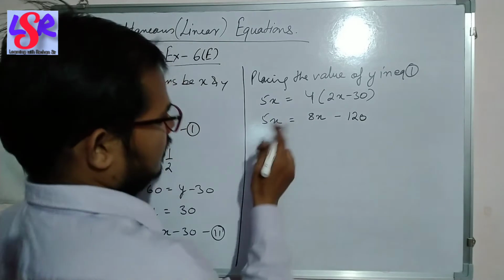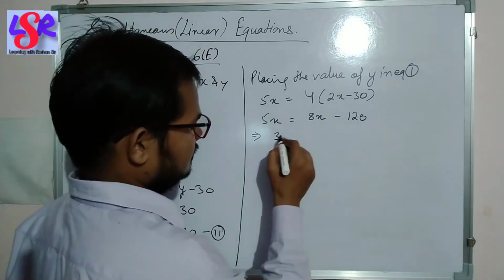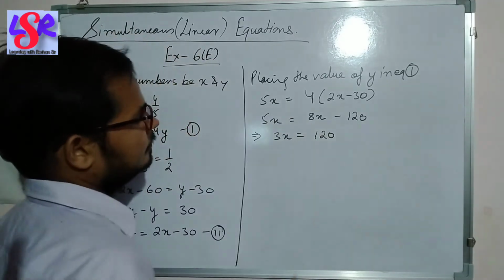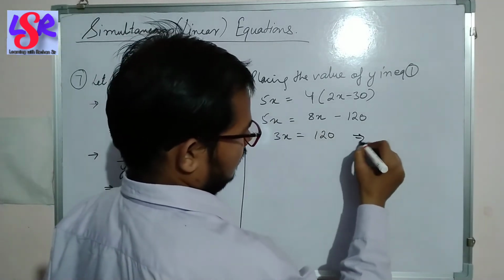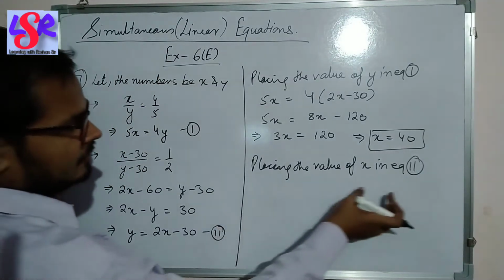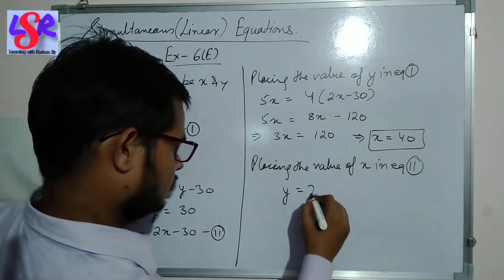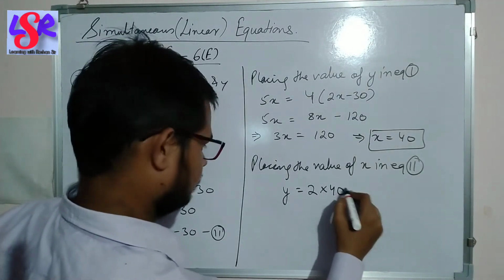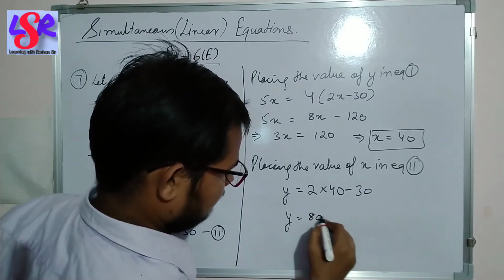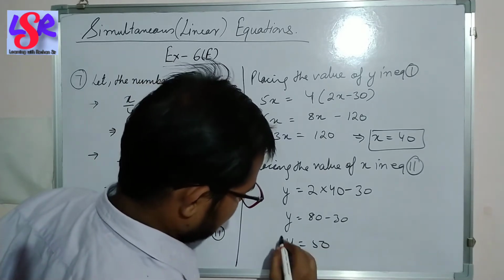Now make a transformation, and 8 minus 5, that is 3x equals 120. This is sent over here, and on solving we get x equals 40. On placing the value of x in equation number 2, we get y equals 2 into 40 minus 30. That is y equals 80 minus 30, and y will be 50 as the answer.